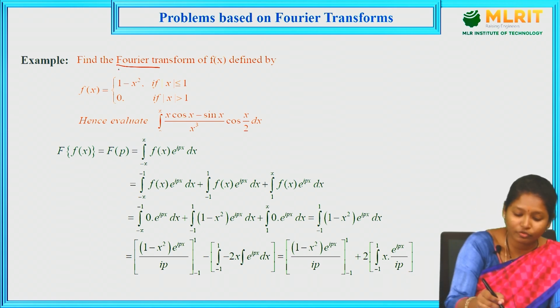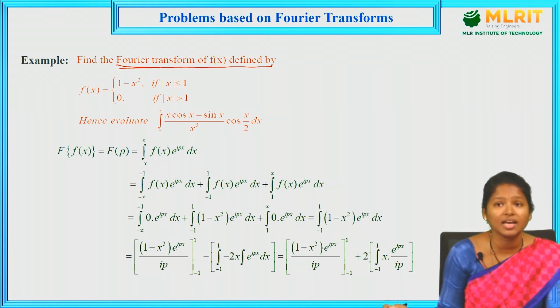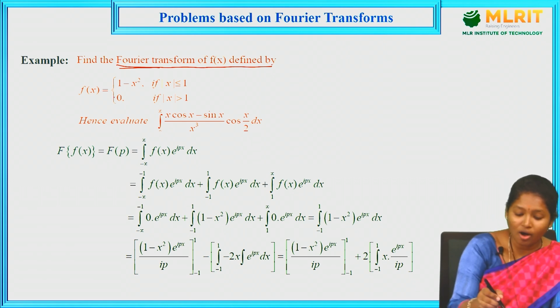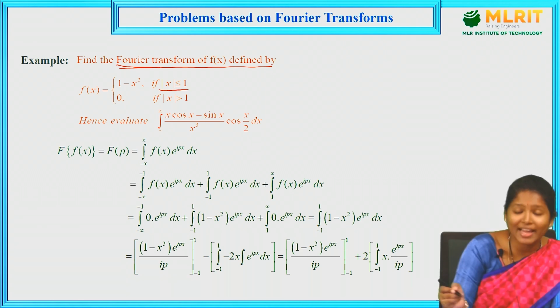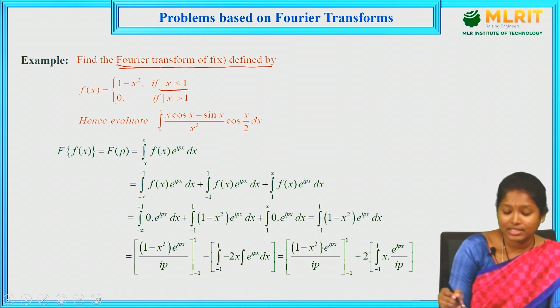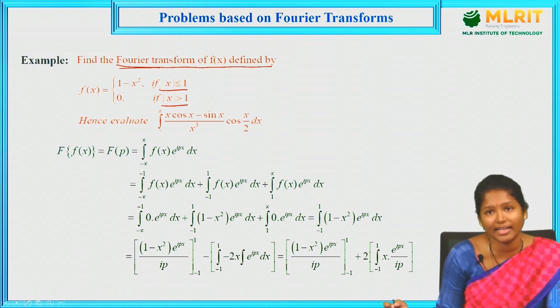Find the Fourier transform of f of x defined by f of x equal to 1 minus x square if mod x is less than or equal to 1, and 0 if mod x is greater than 1.